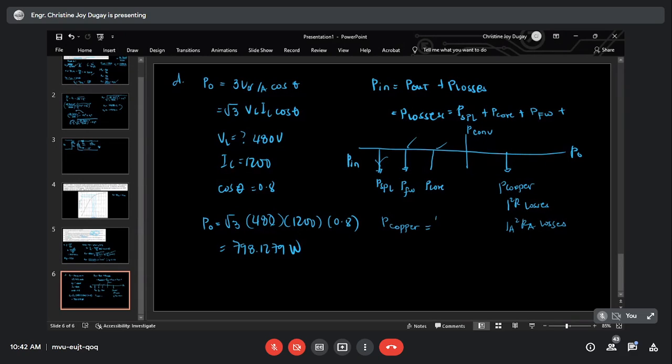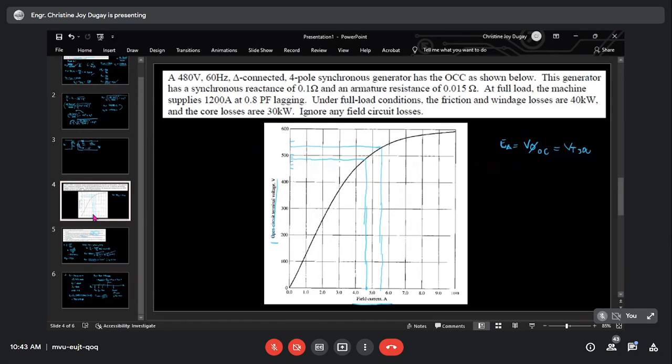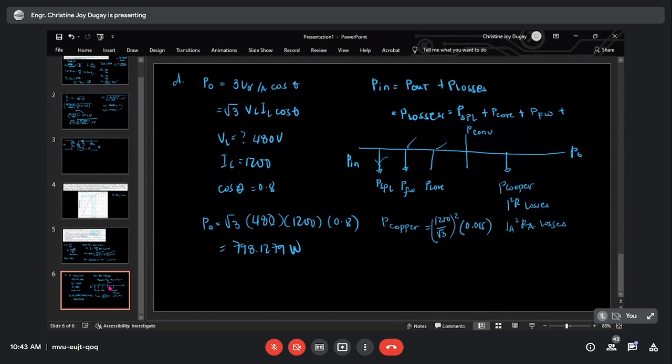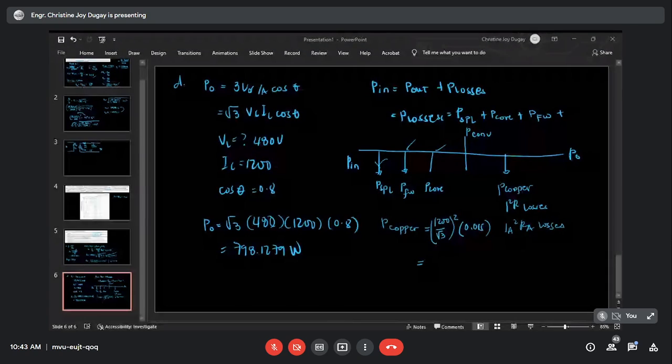That is 1,200 over square root of 3. Then quantity square natin. How about the value of RA? Balikan po natin. Ang RA natin is 0.015. So what is now the value of P copper?